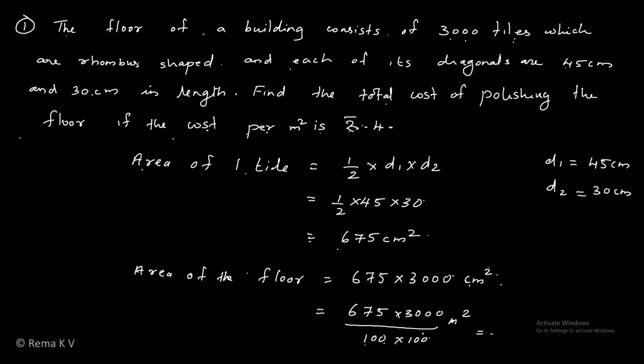Is this clear? Changing centimeter square to meter square. Centimeter square means centimeter into centimeter. So here first centimeter changed to meter, the second one changed to meter. It is 100 into 100. Can cancel 2 zeros here. From here 1 0, then by 5.